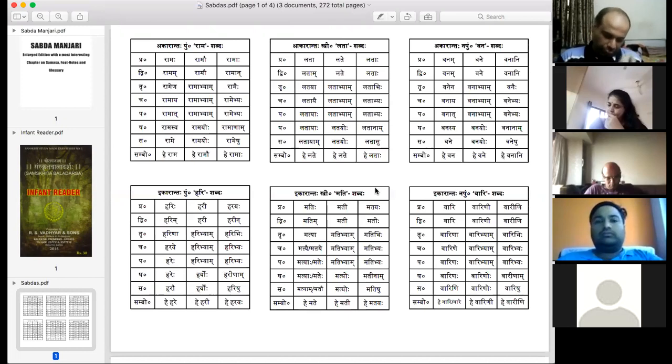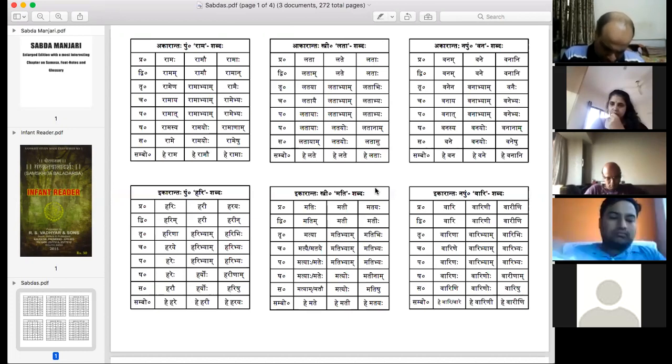As I mentioned in the last class, all words in Sanskrit can be broadly divided into two categories. They are either nouns or verbs. Within that we have sub-classifications, but broadly these are the two kinds of words.